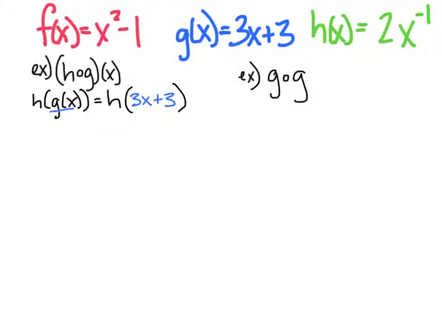Now, this function is just going to get plugged into which function up there? This gets plugged into h, for the x. Okay? So this is the same thing as 2 times something to the negative 1. And that something is 3x plus 3. Okay, so here we have an interesting case because this 3x plus 3 is being raised to the negative 1.